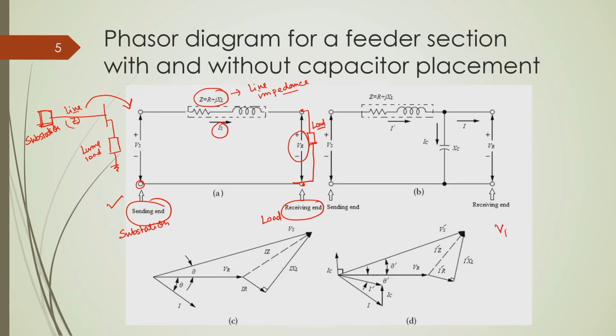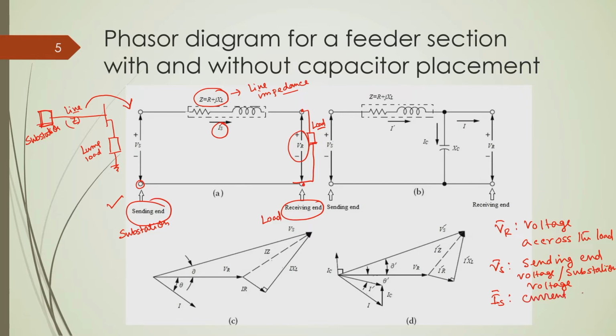So, V r is voltage across the load, V s is sending end voltage or substation voltage, and I s is current drawn by the load.